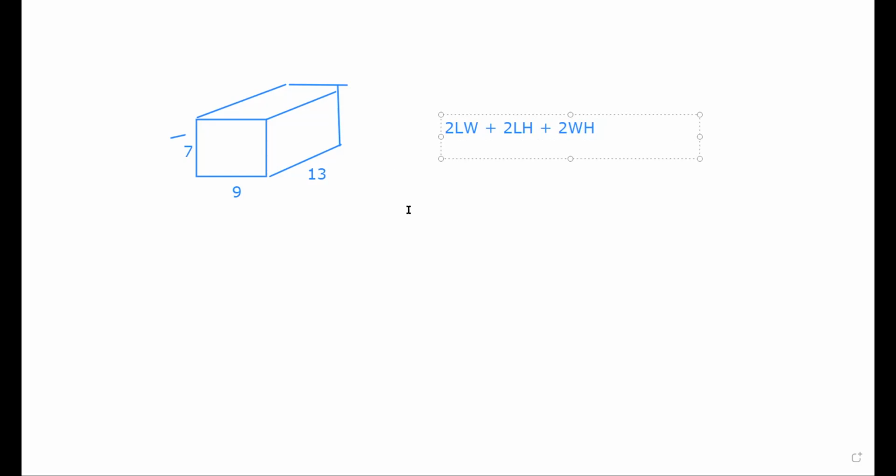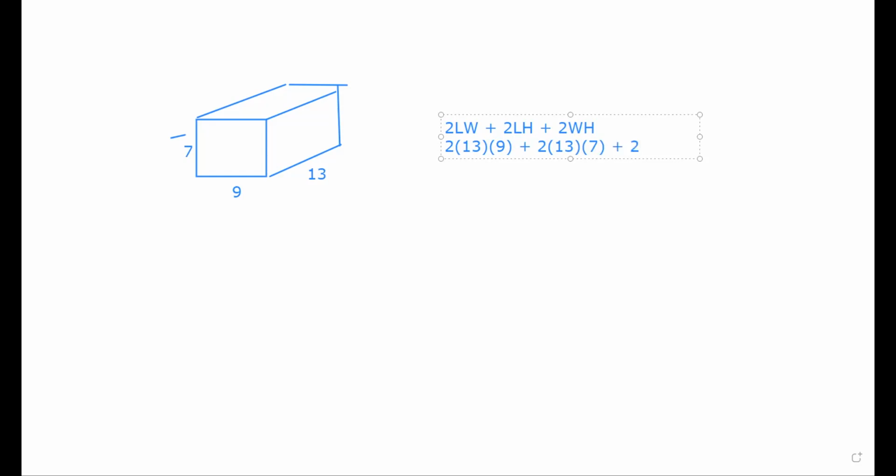Length times width. Let's say this is the length, and that 9 is the width. Then 2 times the length again, times the height. Forgot a parentheses.